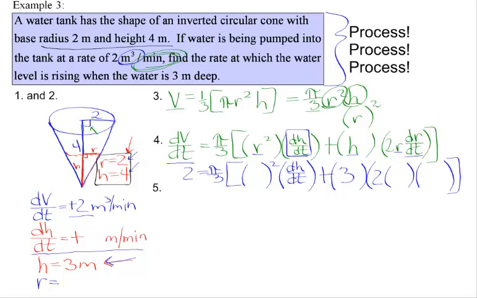We can actually use the two triangles that we have and geometry to find a way to write r in terms of h and dr dt in terms of dH dt.